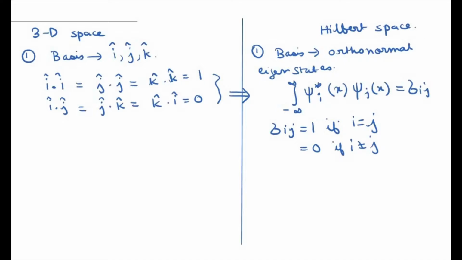Because of these two similarities, we can write a wave function in terms of vector notation. So how do we write a vector s in 3D space? We write it as ax i cap plus ay j cap plus az k cap.